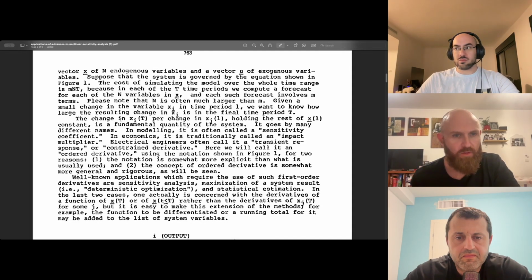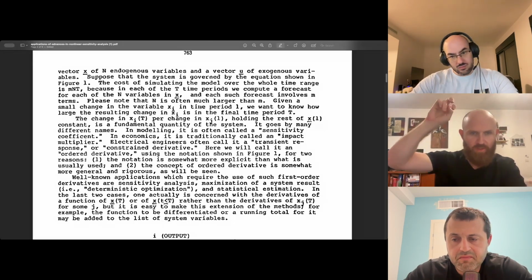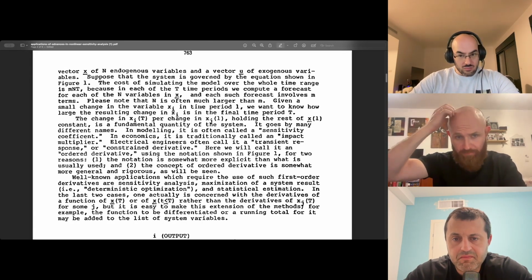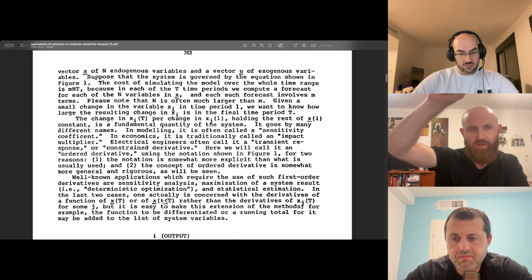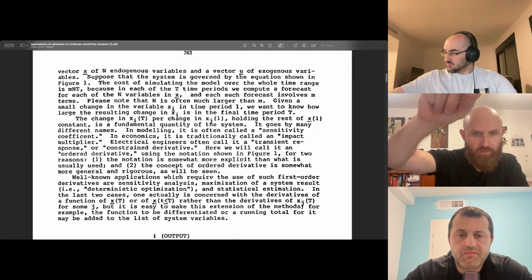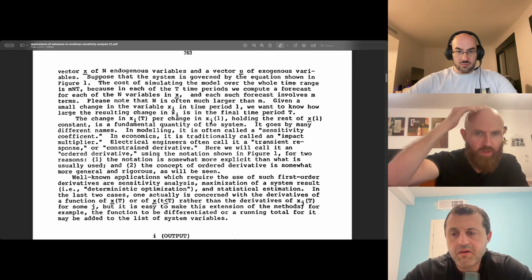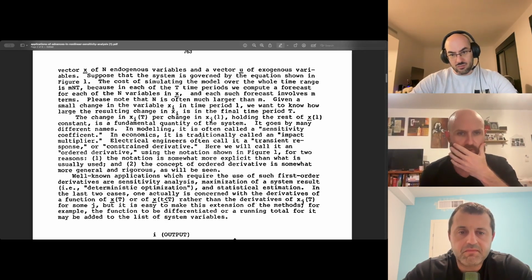And it says, the change in x_i of t per change in x_j of 1. So if 1 is the input, let's say at time 1 at the beginning of some input j, how it affects output i after time t. It doesn't matter how one affects the other.